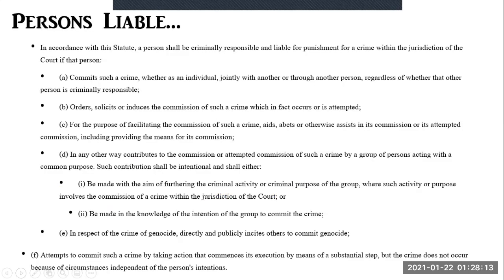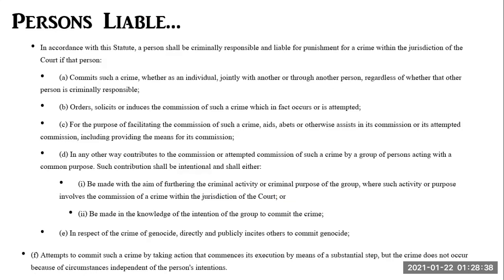Persons liable. In accordance with this statute, a person shall be criminally responsible and liable for punishment for a crime within the jurisdiction of the court if that person: A, commits such a crime, whether as an individual, jointly with another, or through another person, regardless of whether that other person is criminally responsible.